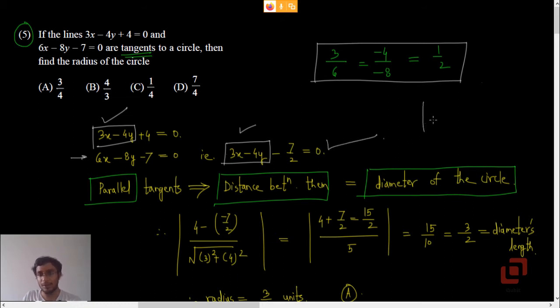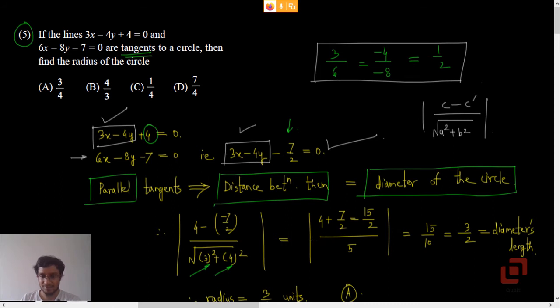Then you can use the formula mod of c minus c dash upon root of a squared plus b squared. In our case, c is equal to 4, c dash is equal to negative 7 by 2, a and b are equal to 3 and 4 respectively.